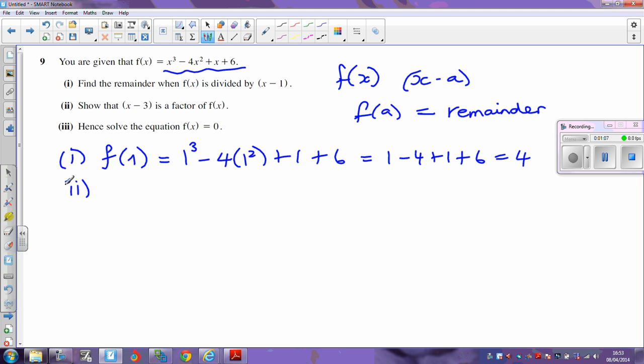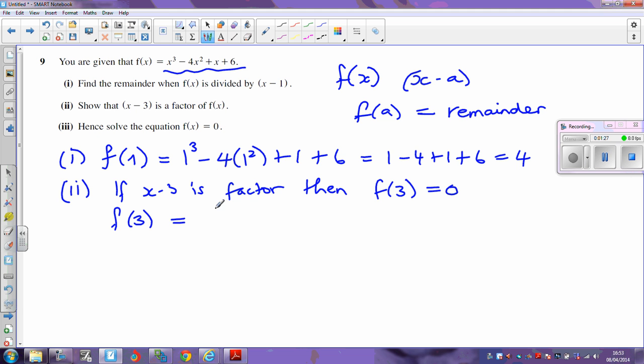Now, part 2 says, show that x minus 3 is a factor. Now, if x minus 3 is a factor, then f of 3 should equal 0. So I'm now going to find f of 3, so I'm going to put 3 into the same function. So I'm going to get 3 cubed minus 4 lots of 3 squared.